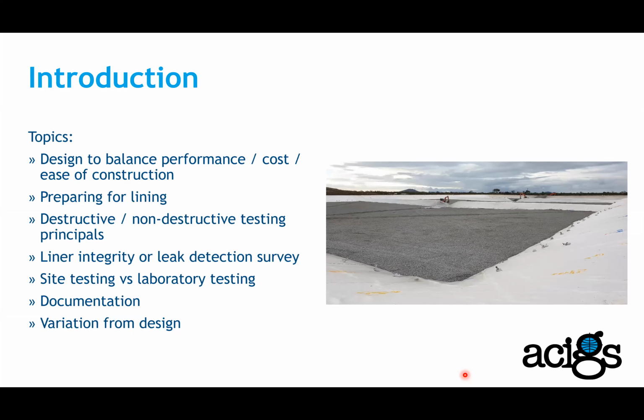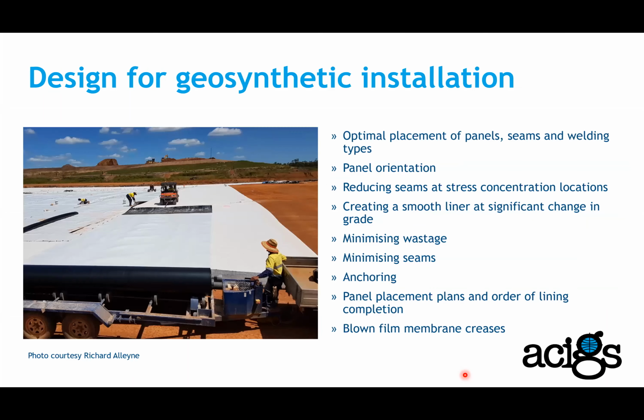Destructive and non-destructive testing principles. And liner integrity or leak detection survey is the other topic we will talk about briefly today. Site testing versus laboratory testing, and also documentation, the construction documentation. And at the end, we talk about variation from the design.